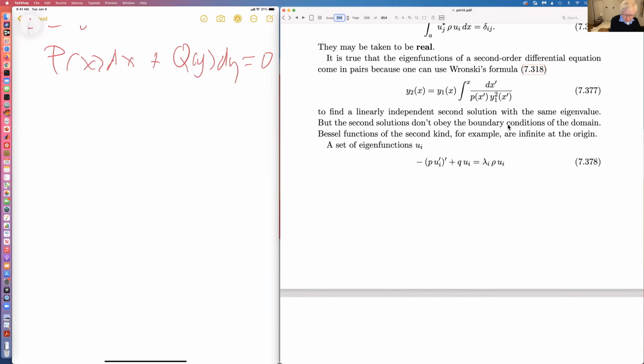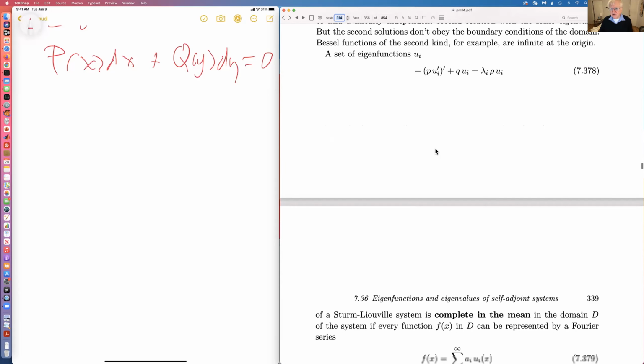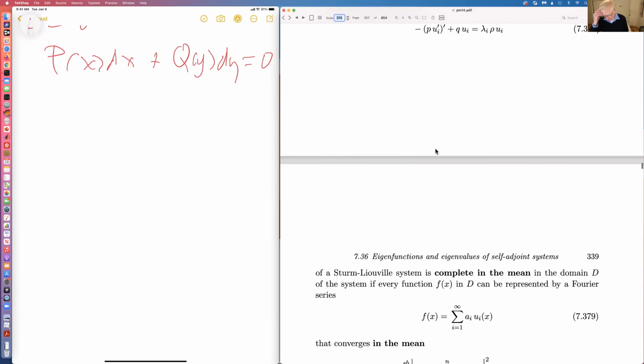On the other hand, the second solutions don't obey the boundary conditions of the domain typically. For example, the Bessel functions of the second kind are infinite at the origin and so forth. Or suppose we consider the infinite square well potential.